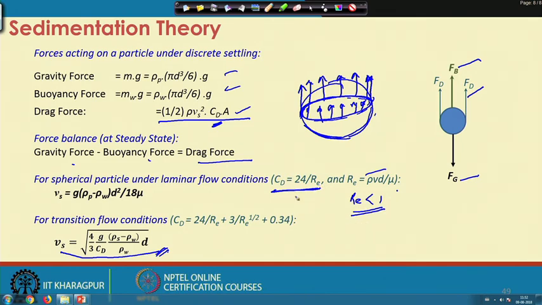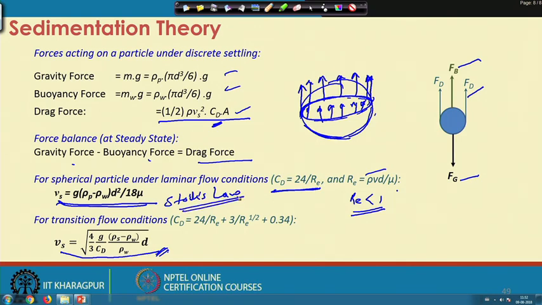So, we can take this as 24 mu by rho v d, and we can replace C d with this, and what we get is what we call the typical Stokes law. So, this is Stokes law of settling velocity.